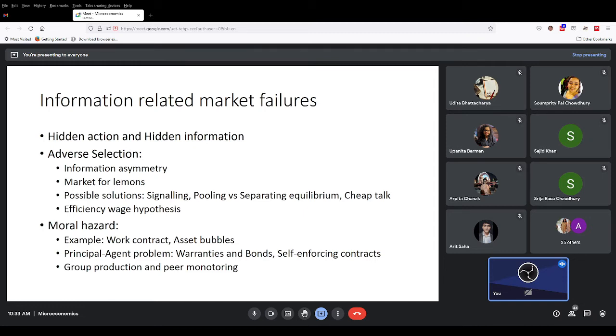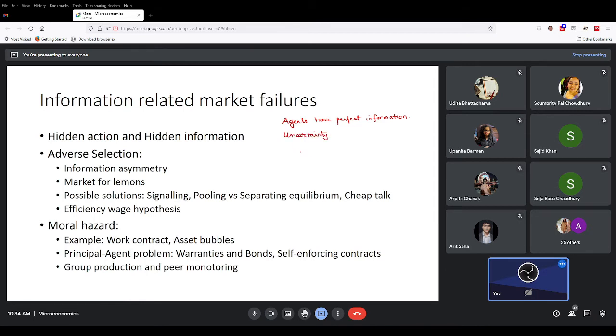See, the problem with the first module is that we assume that all the agents have perfect information. So they know that if I do something, I'm going to get a payoff. This is the payoff I'm going to get. Now I can introduce uncertainty.